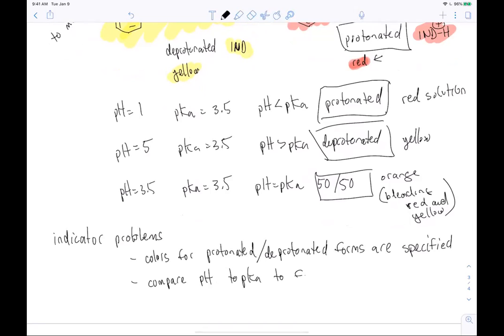And then you compare the pH to the pKa to figure out the predominant form.